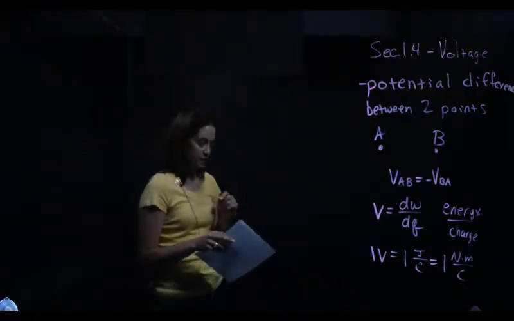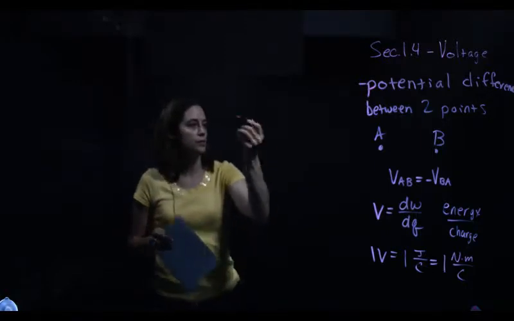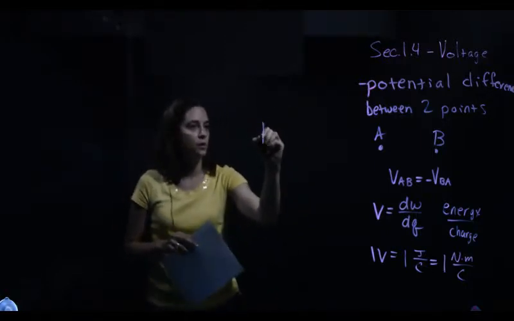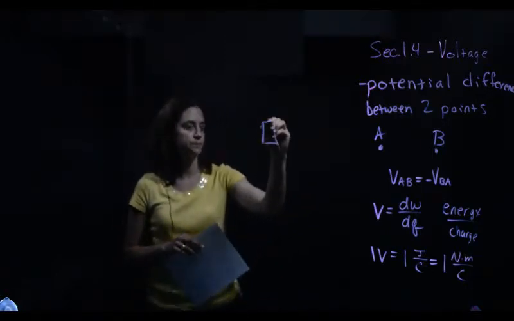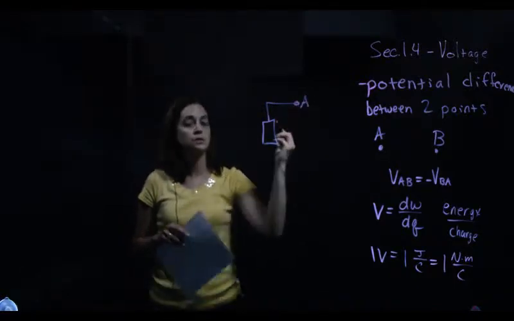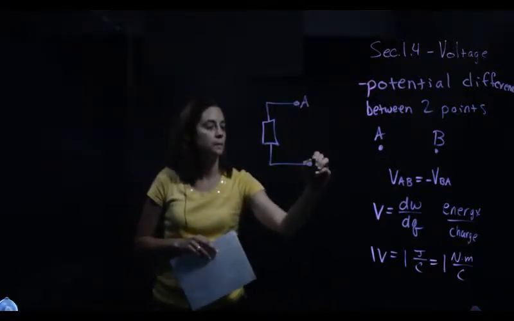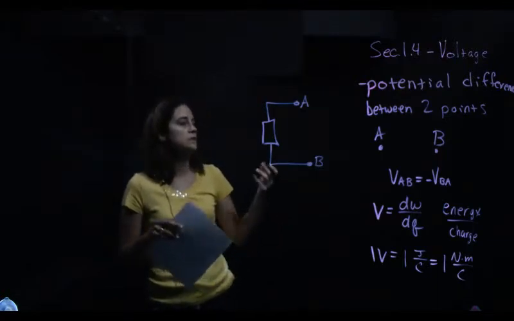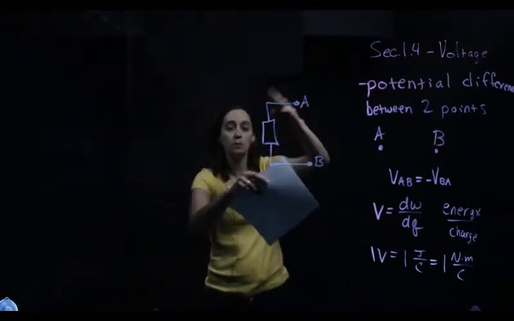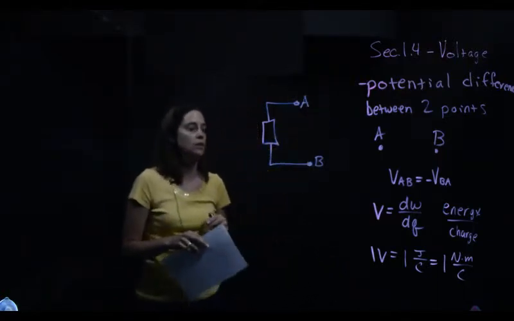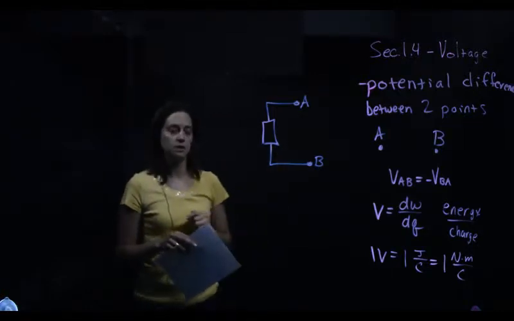Polarity for voltage is very important. So if we have a dummy element, we don't care what it is. Right now it's just a square. And we want to know the voltage across this square. So we would take our probes in the lab, we would put them from A to B, or we would do our calculations if we're talking about theoretical, and we would find our voltage AB.